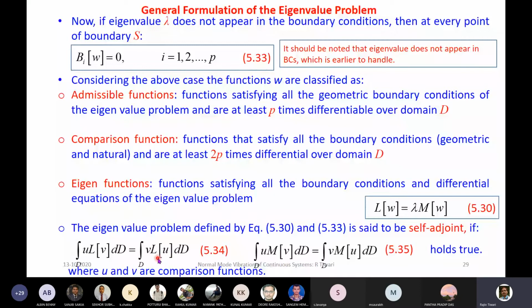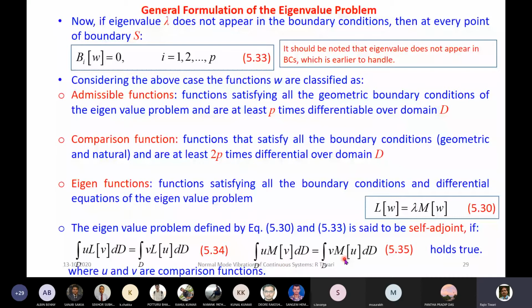You can see u, v, and then v, u. Similarly for the M operator: if u multiplied by the M operator applied to v, integrated over the domain, is equal to the swapped version, then the M operator also is self-adjoint. This is the symmetric nature which was there in the matrices.